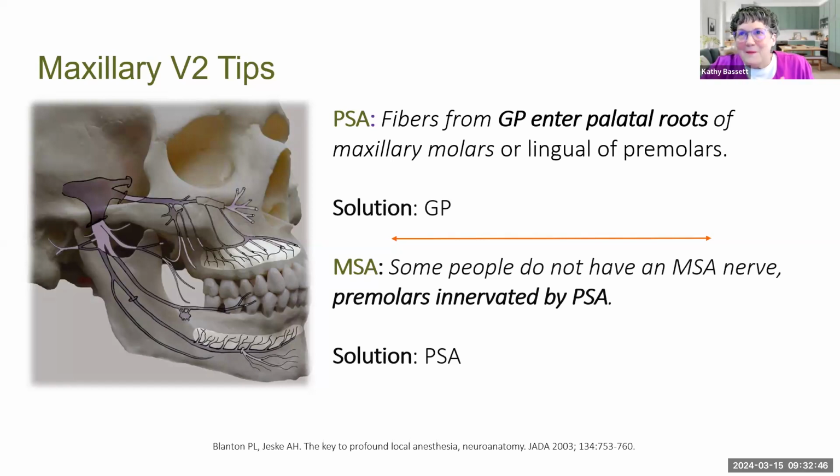So then it becomes more of infiltration anesthesia. But keep in mind that predominantly they found that in the absence of MSA branches, there tends to be an extension of the PSA branches. So again, getting profound anesthesia from the PSA also can be the answer to having more profound anesthesia for bicuspids.